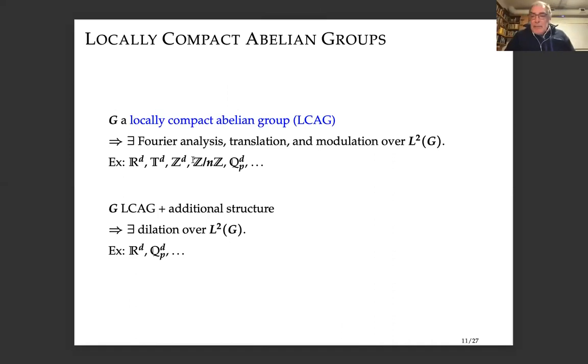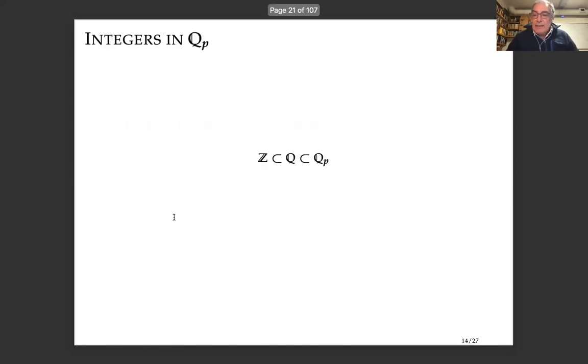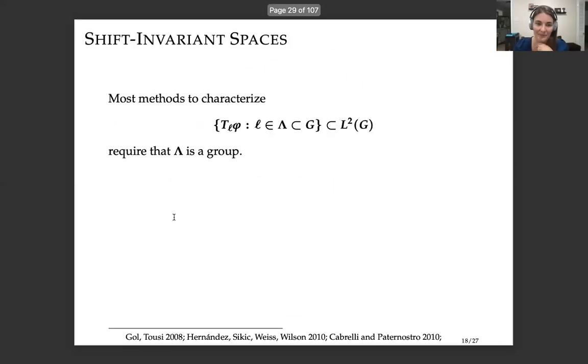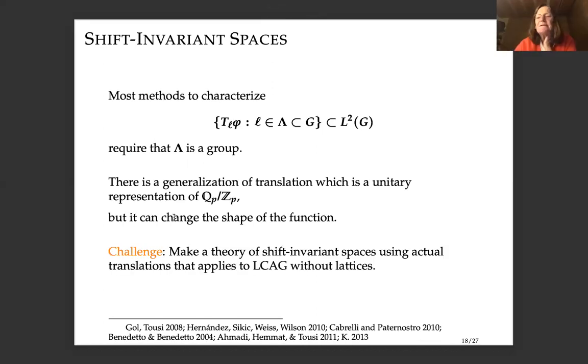My question, Emily, was: you said you want a theory of shift invariant spaces with real translation without using lattices? Yeah, so what would be nice would be having some non-zero function in L2 of the p-adics, and you want to know whether the shifts of that function with respect to this nice set of coset representatives that I didn't explicitly define, this set that is very evenly spaced out and is kind of like a group because it's a set of coset representatives.